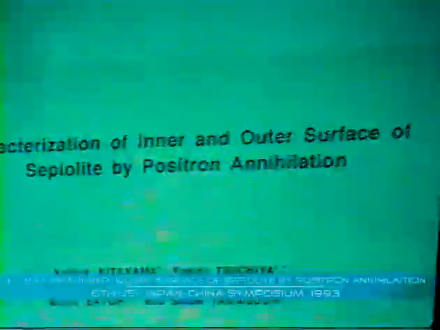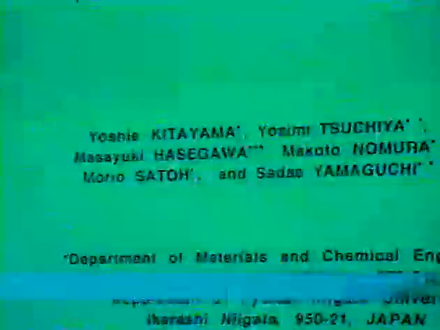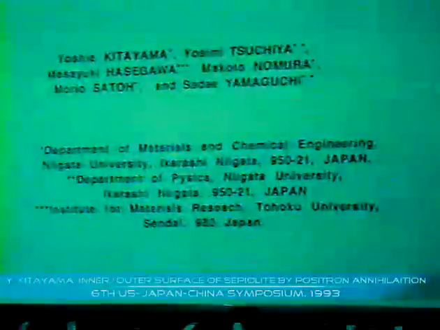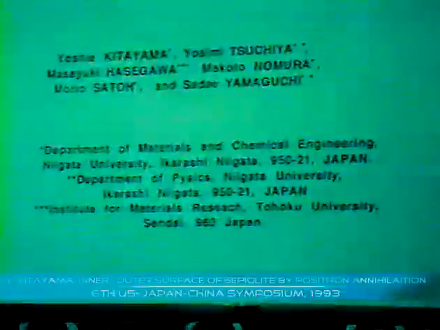Positron annihilation spectroscopy gives information from the core shape of nanometer size. Sepiolite has anisotropic nanometer size quartz, so we discuss here the availability of positronium annihilation spectroscopy.